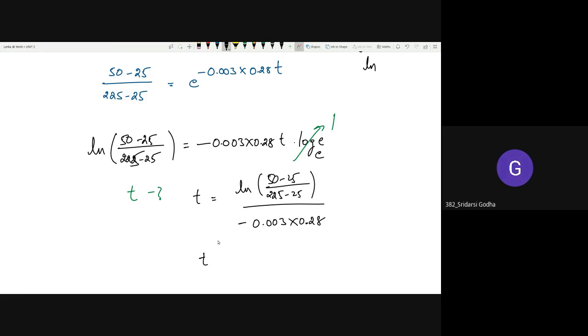0.03 only, it is not 0.003. Okay, that's correct. It is 0.03.